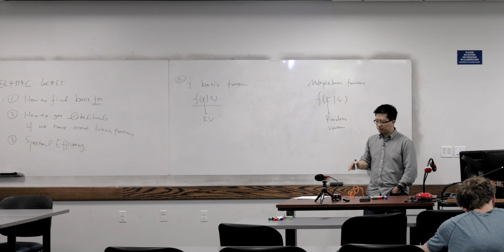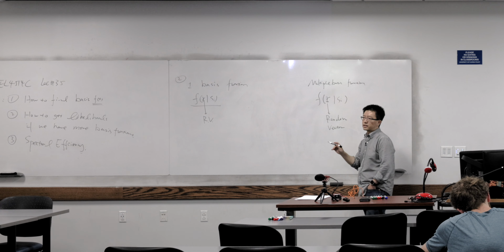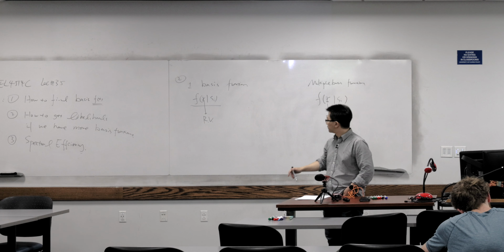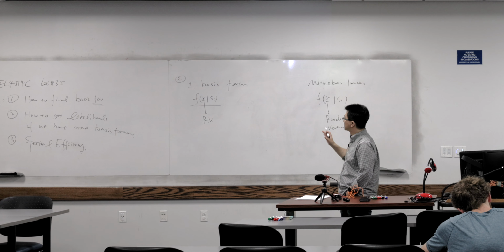The way we compute it is exactly the same: we compute an inner product between our received signal R of t and each of the bases to get all the coordinates.